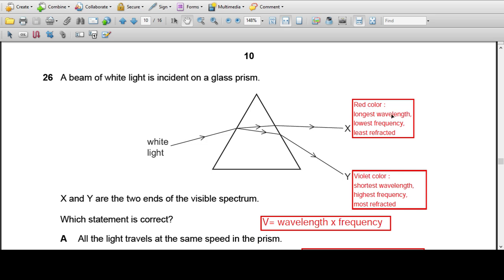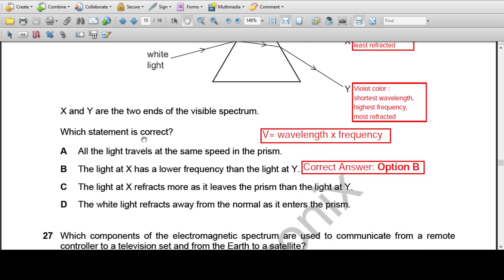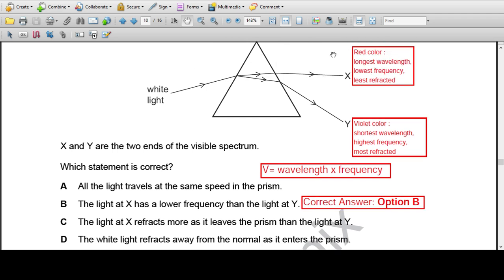Red light has the longest wavelength and the lowest frequency, and it is least refracted, while Y has the shortest wavelength, highest frequency, and is most refracted. Which statement is correct? All light travels at the same speed in the prism. The light at X has a lower frequency than the light at Y. Yes, this is correct. So option B is correct.